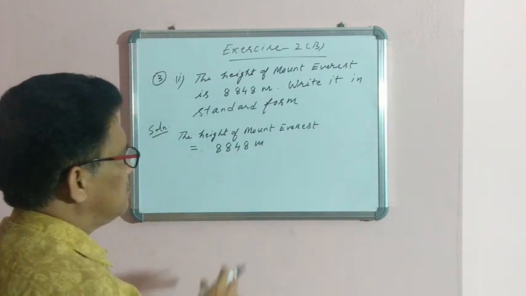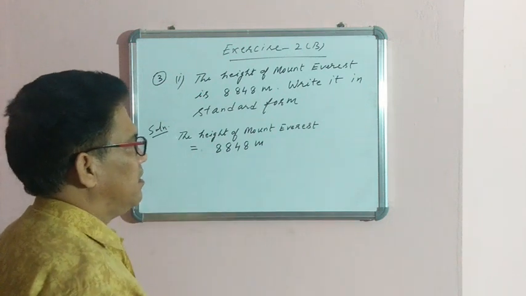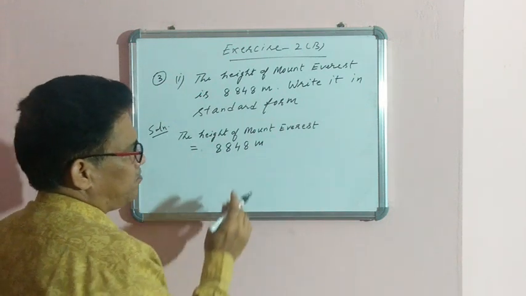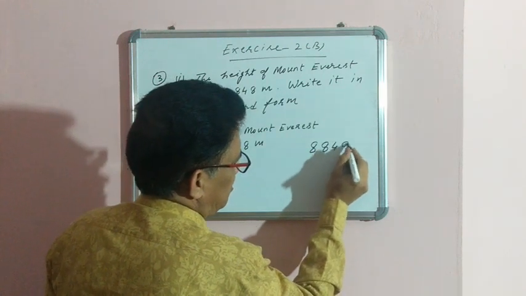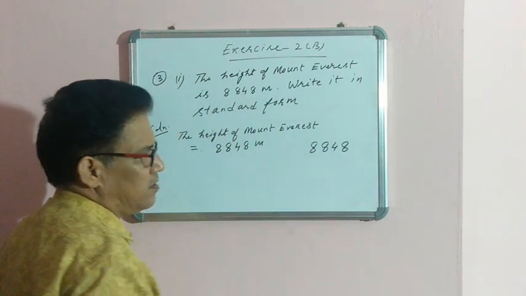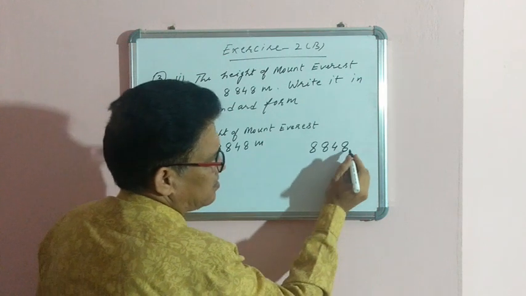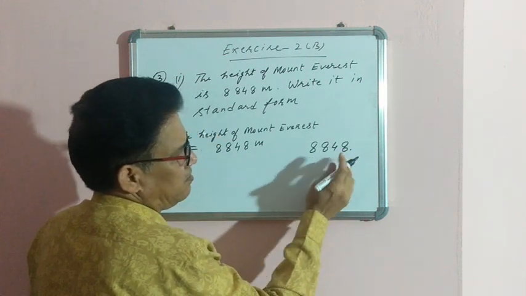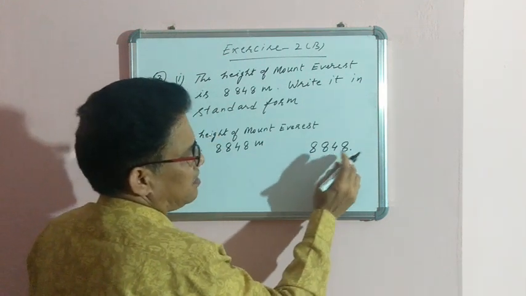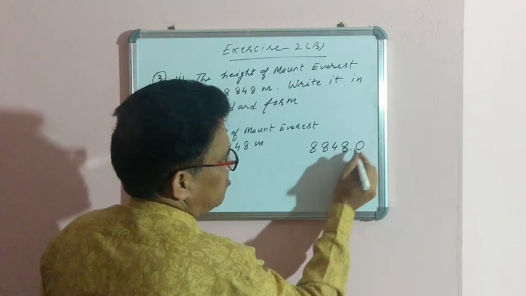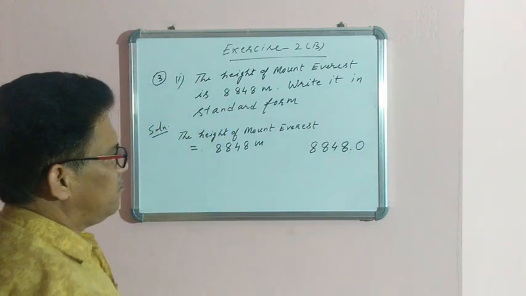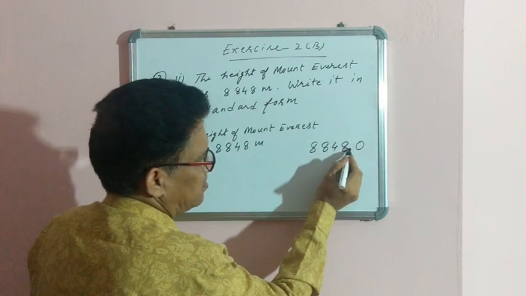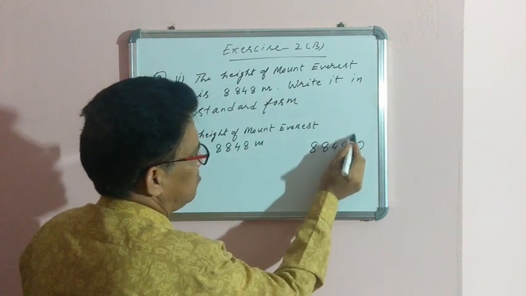Now to convert this into m into 10 power n, where is the decimal place? Decimal is here, nothing is there. We can write 8848 as 8848.0. So our decimal point is here. We have to transfer this decimal from here to here.